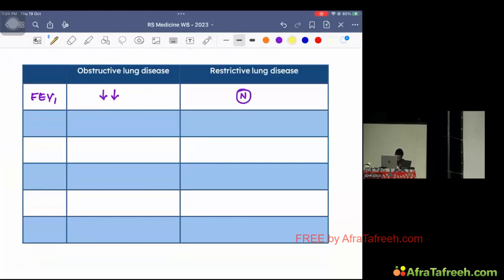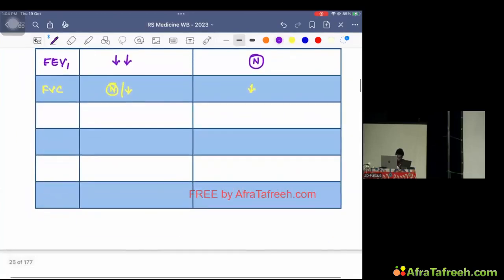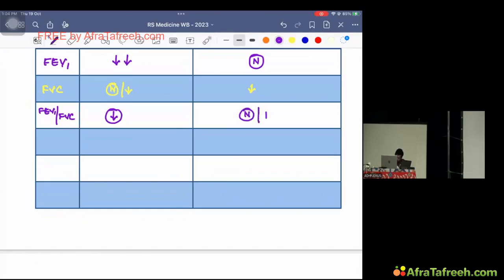Next, what will happen to the FVC? Normal or decreased in obstructive. What will happen in restrictive lung disease? Decreased. What will happen to FEV1 by FVC? It is going to be reduced in obstructive. Here in restrictive, normal or increased.